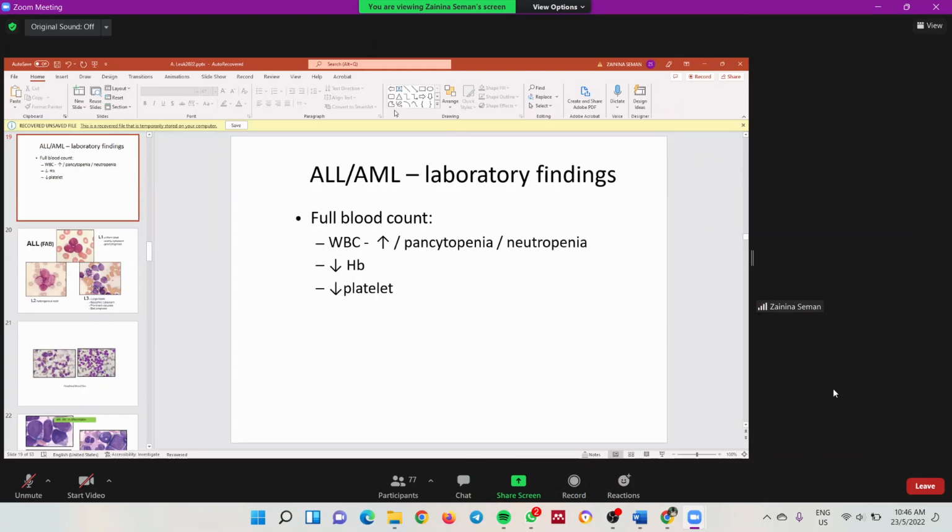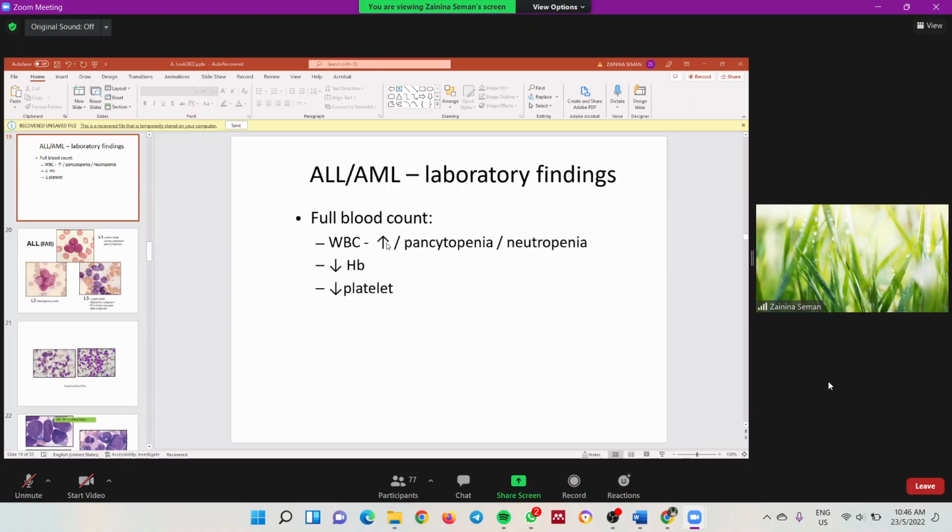So this leukocytosis is because the full blood count is read by a machine. They just count the nucleated cells. The machine is not human, so it's very poor. The machine cannot differentiate whether this is a blast, an immature cell, or a mature cell.